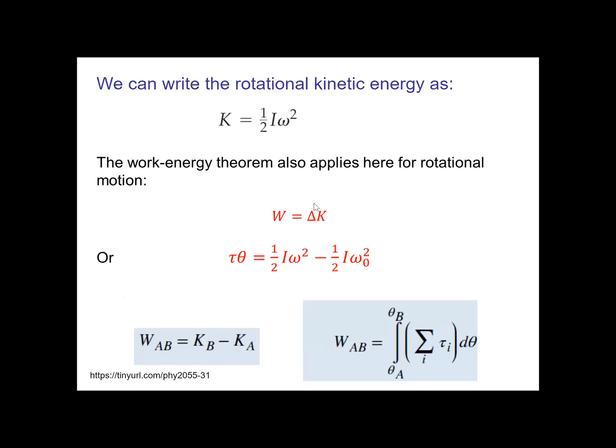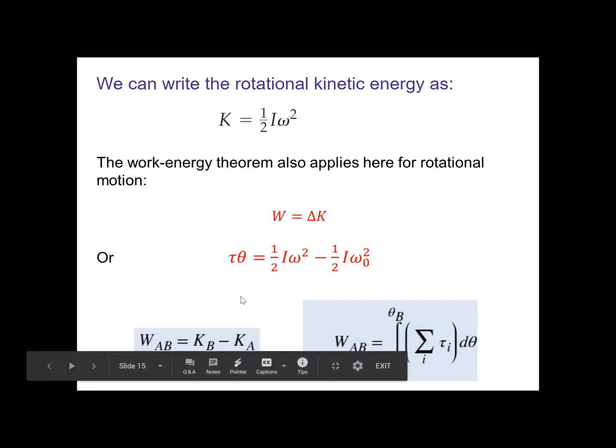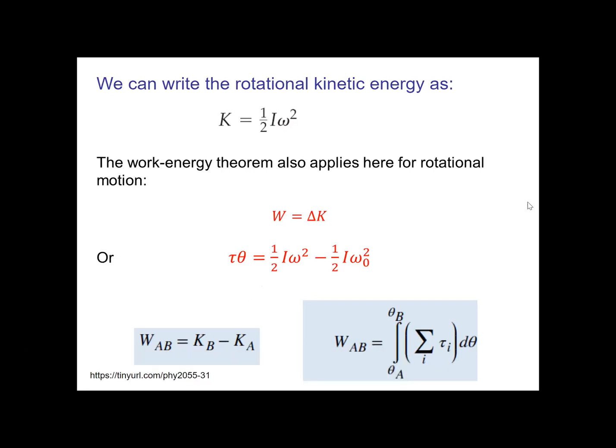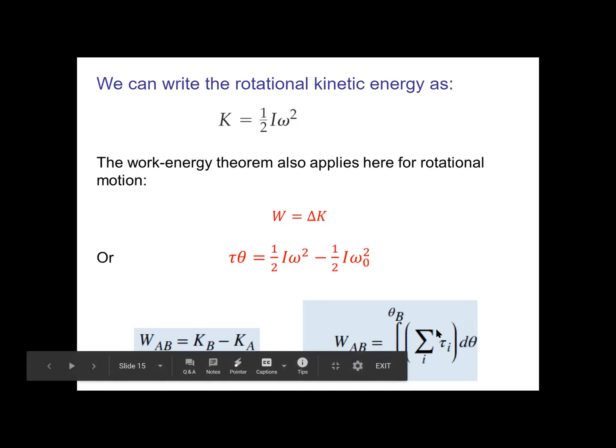So it's basically this here. Work done equals the change in kinetic energy, delta K. If you have multiple torques, or if the torque is varying, then you will have to do integration.